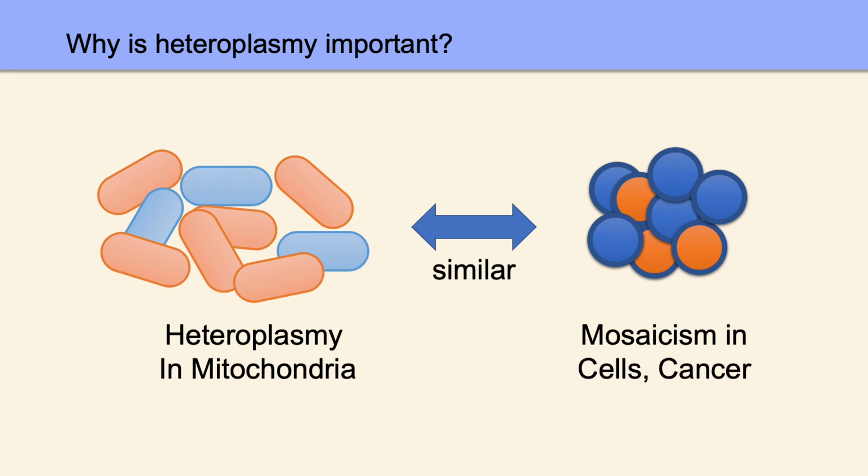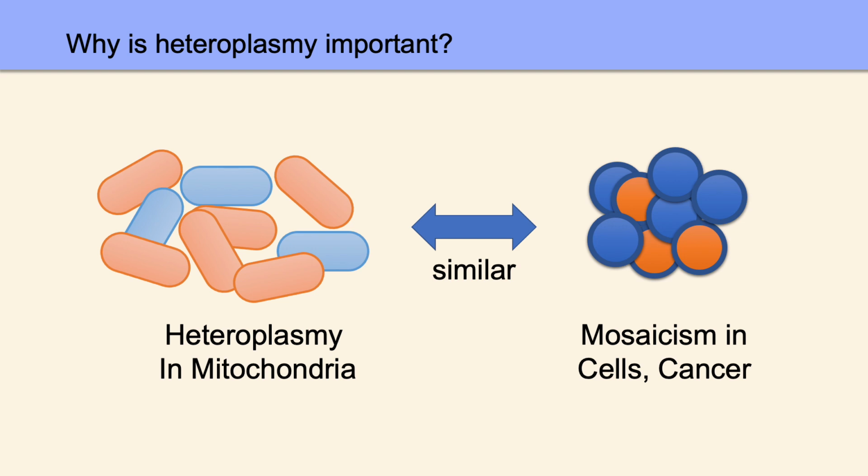I also want to emphasize to you that the issues that we're dealing with, heteroplasmy and mitochondria, are not unique to mitochondria. The concepts and the issues that we're dealing with are very similar to nuclear mosaicism in cells and also cancer. So what do I mean by that? Mosaicism in the cells essentially means that the nuclear DNA in different cells are going to be different. So this could happen throughout your lifetime.